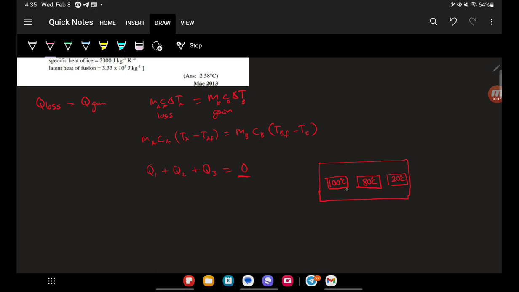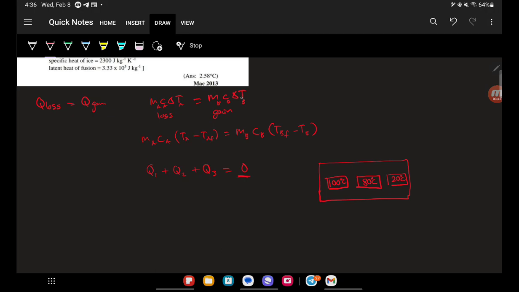Of course the 100 is going to lose its energy, but for the 80 degrees Celsius we technically don't know. It might lose energy or gain energy, but in the end it doesn't matter, because if we follow this equation, it's easier for us to perceive what's happening.